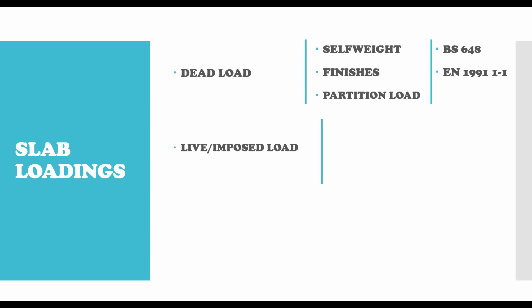We can find loading specifications for imposed load also in the code. With the British code, you can have BS 6399 part 1. But if you are using the European code, that is EN 1991 part 1-1. Under EN 1991 part 1-1, you can find information about the density of materials, which is the dead load, and you can also find details on determination of the imposed load.